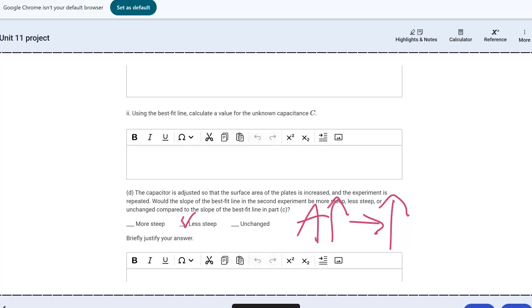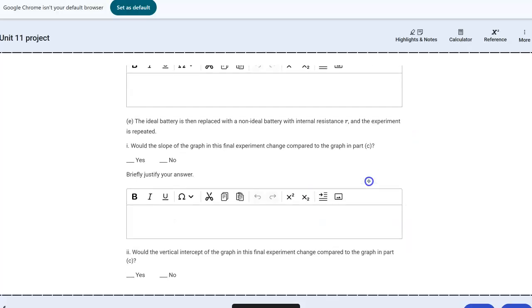We had C equals 1 over R times slope. Well, our slope is 1 over RC, so greater RC would make a smaller slope, and a smaller slope means less steep.